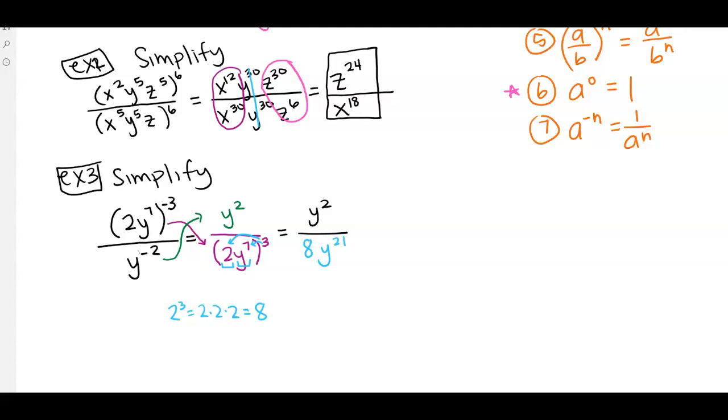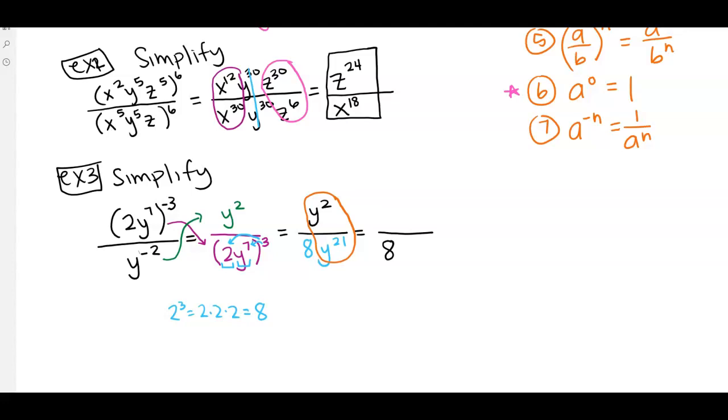But I'm not done yet, because I can see I have y's in two different places. I've got some y's on top and some y's on bottom, so I've got to get those together. There's more y's on the bottom, so I know I'm going to end up with my y's on the bottom. My 8 is already going to stay there on the bottom.